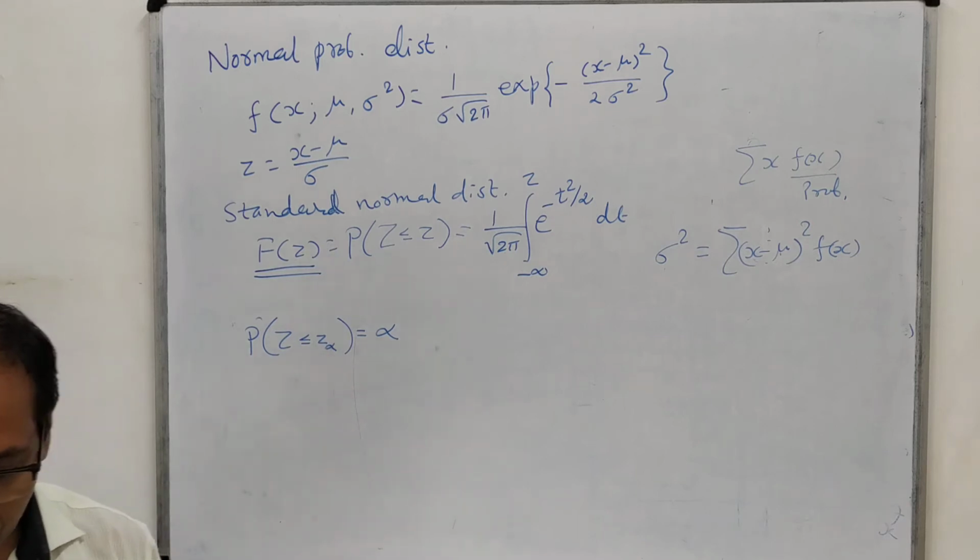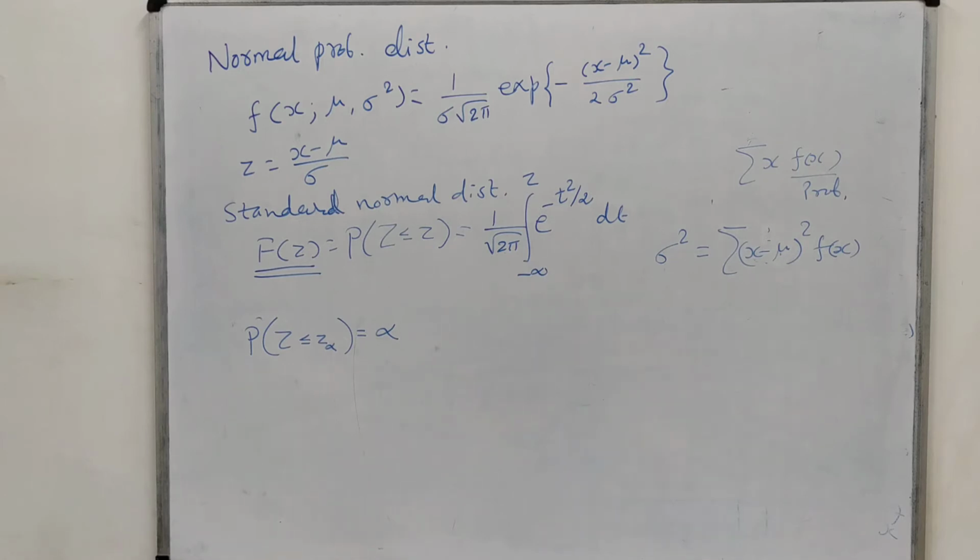Okay, this we have also seen last time. Now let us see an example based on Z alpha. But before that, I would like to explain one thing. One example.